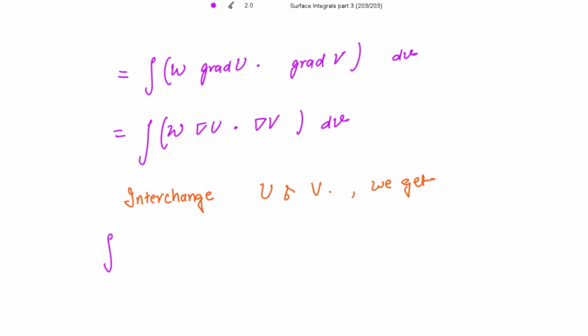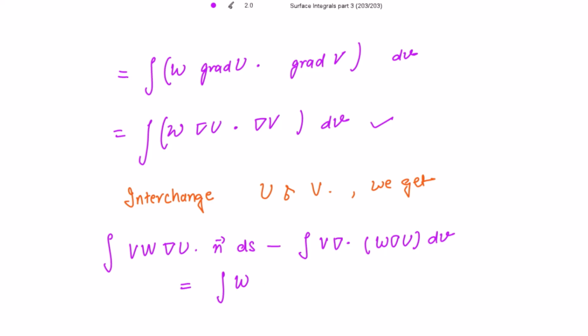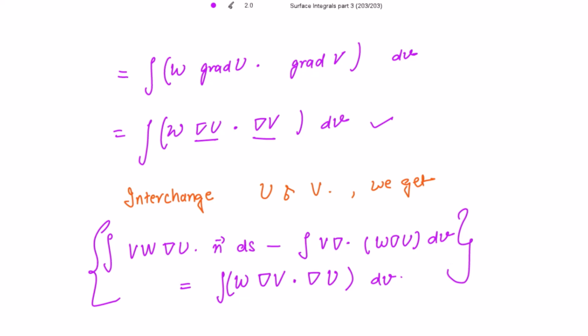It is the integral of v w ∇u dot product with n vector ds minus the integral of v ∇· (w ∇u) dv, and this is equal to the right hand side but on changing u and v. So the integral of w, as it is, ∇u dot product with ∇v, written as ∇v dot product with ∇u dv. So we have got the second result also. So here ends the proof of Kelvin's generalization of Green's theorem. Okay, thank you.